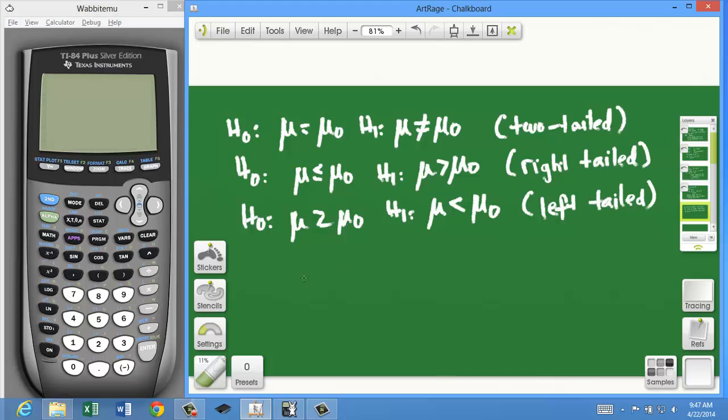And a key observation is about where the equal sign appears, in the null.